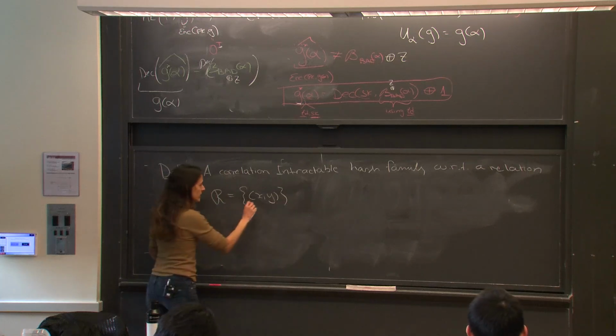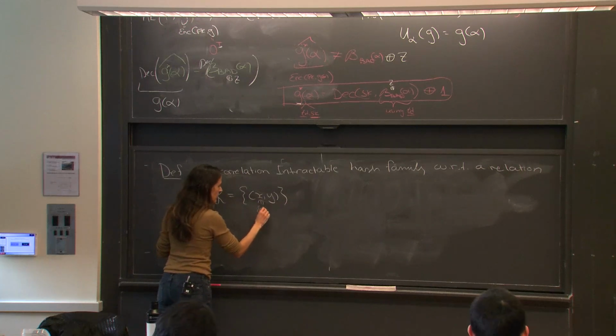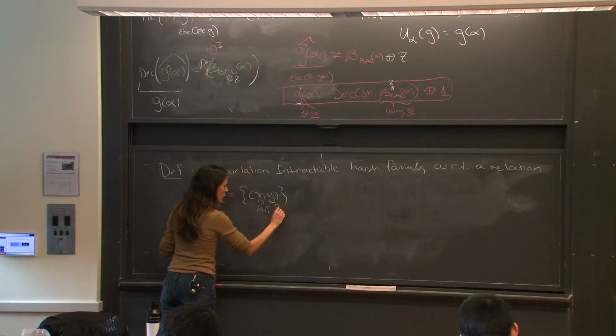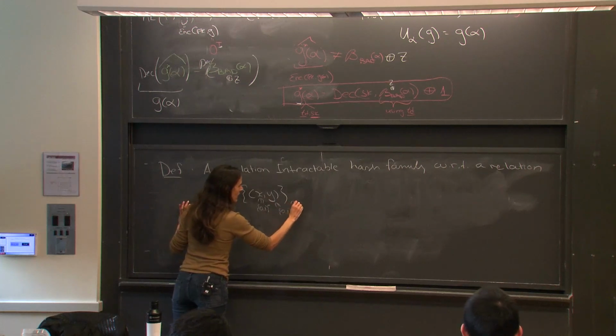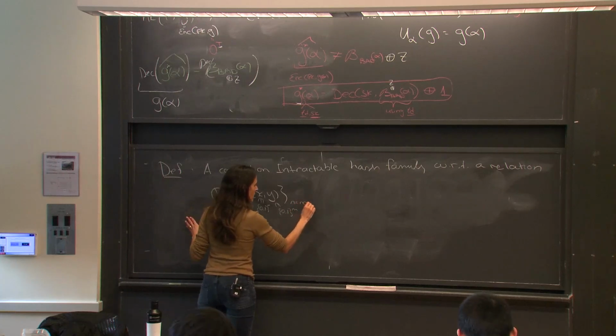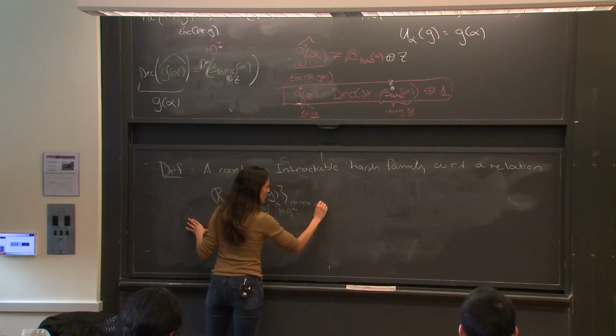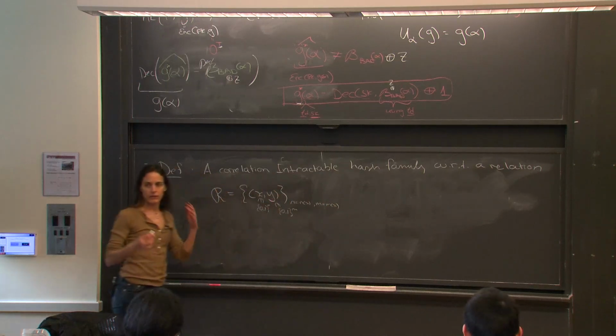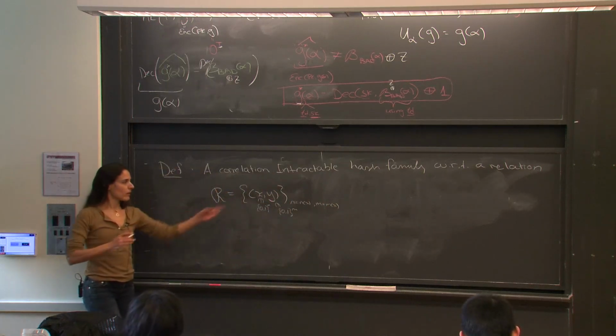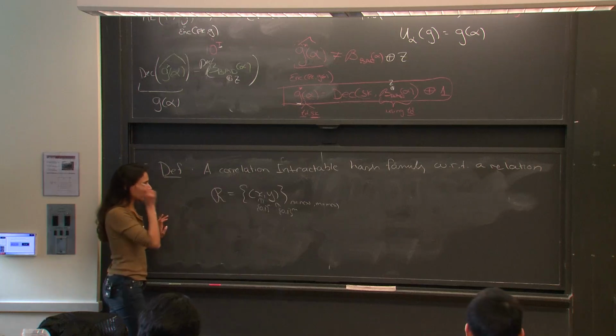You can think of x as, let's say, in 0,1 to the n, and y in 0,1 to the m. And you can think of both n and m as functions of the security parameter, so n is n of lambda. For any security parameter you have lengths n and m, and you have a relation.